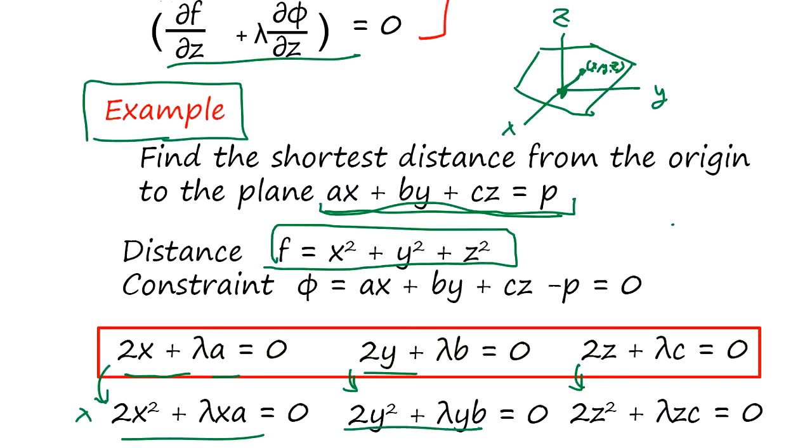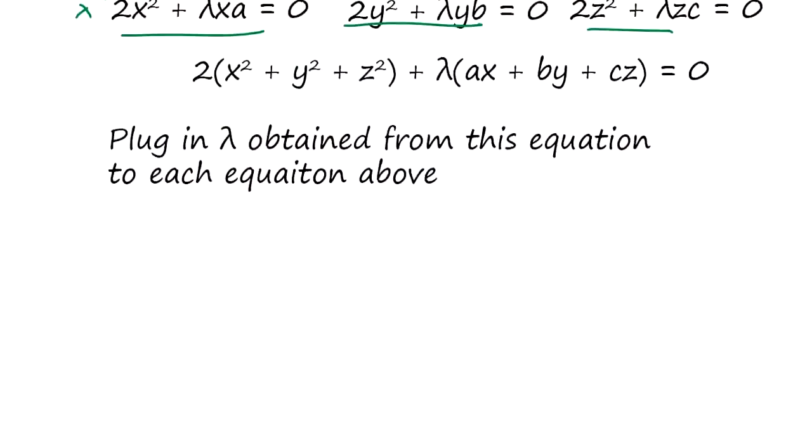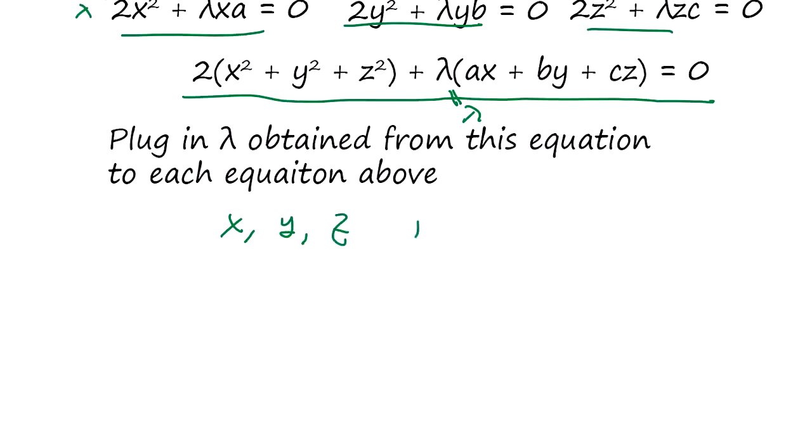You add them all together, then you get this equation, and you can get lambda in terms of x, y, z. Using that, with the three more equations, we can get the x, y, z minimum point. Okay, so that's an example of Lagrange optimization.